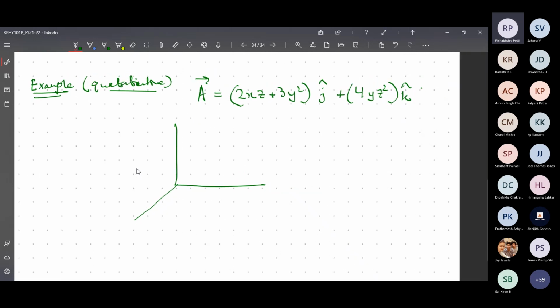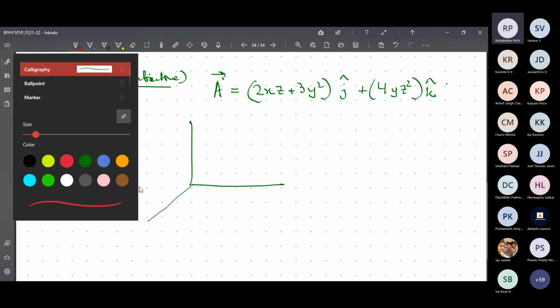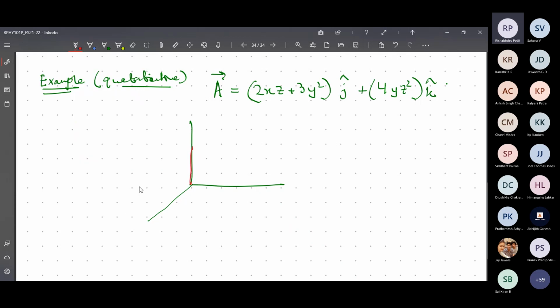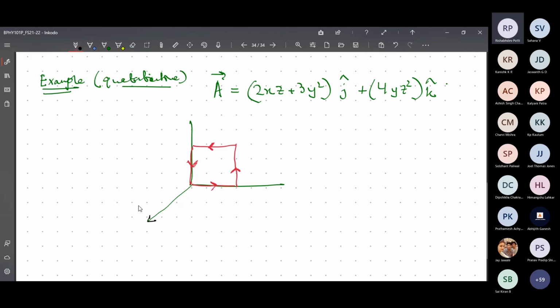So let me fill the page. And here my surface is this. This is my surface. Already you have an answer, I guess, from the figure, of what I mean by a circulation, but anyway, I will tell you. Let me finish the drawing.